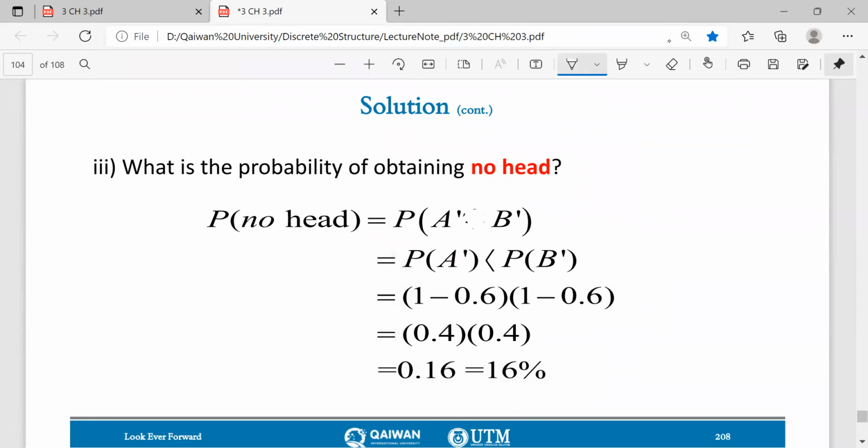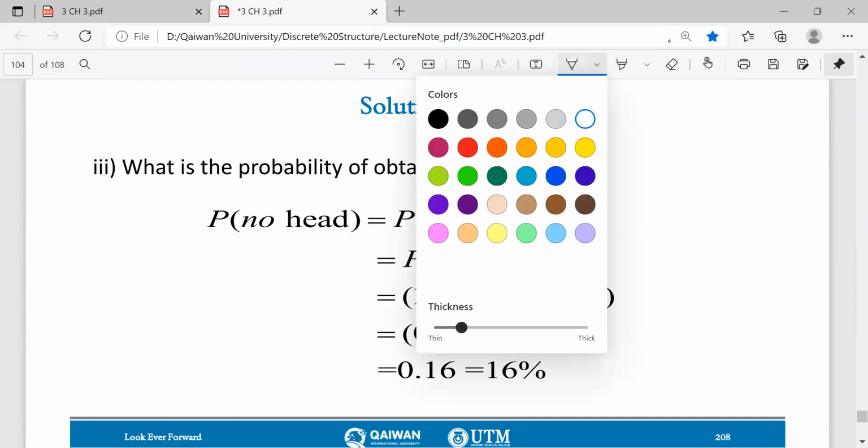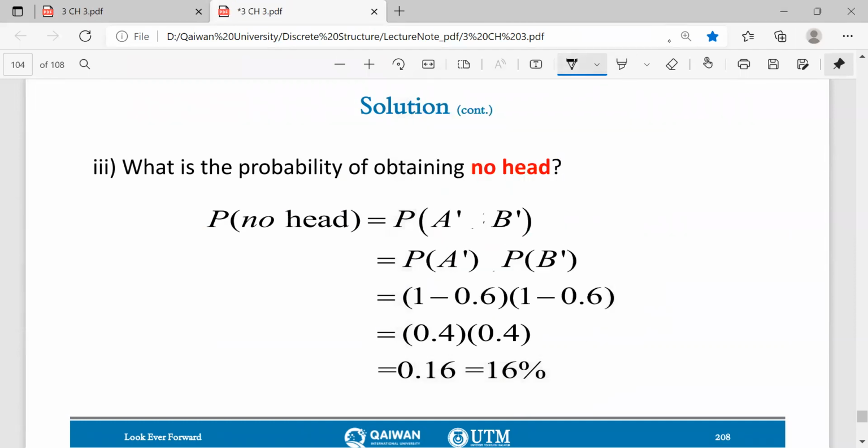Here, it is probability of A complement intersection B complement. Probability of no heads. No heads means both are tail. The first one is A complement and the second is B complement, because A and B denote the heads in both events.